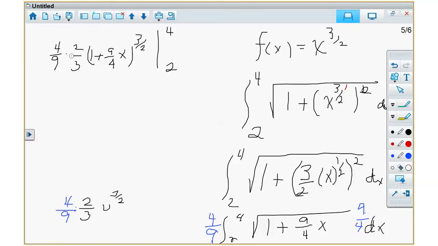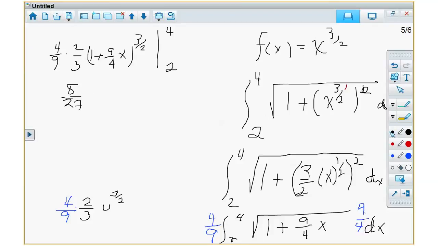Now this comes out to be what? 8 over 27. 8 over 27. And then this, really, you could do what? The square root of this to the 3rd power. Might make it easier for you.